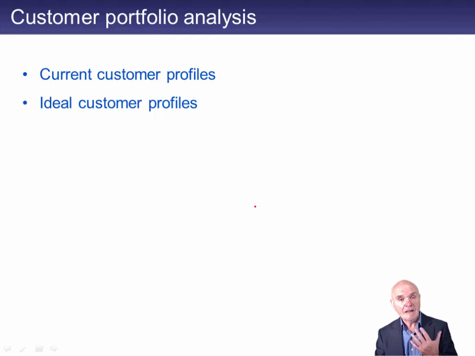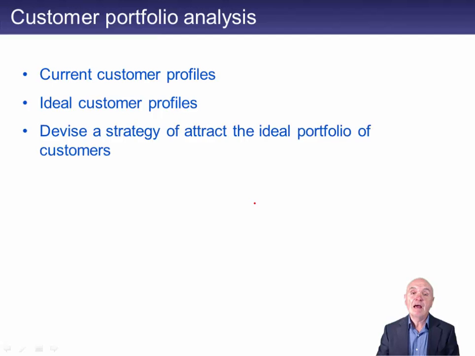But we have an ideal customer portfolio, and then what we need to do is devise a strategy to attract the ideal portfolio of customers and in a way to repel the other ones. So the strategy could be very targeted marketing, targeted emails. Hopefully with our customer relationship management software, we'll have gathered lots of information about customers and what they're interested in and so on.